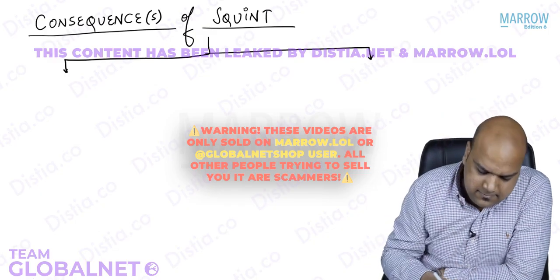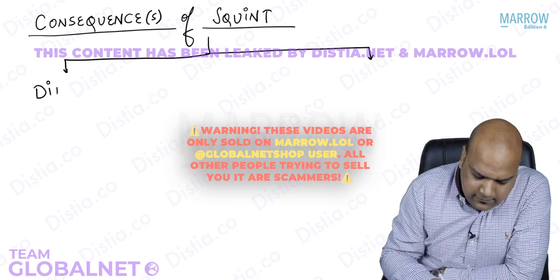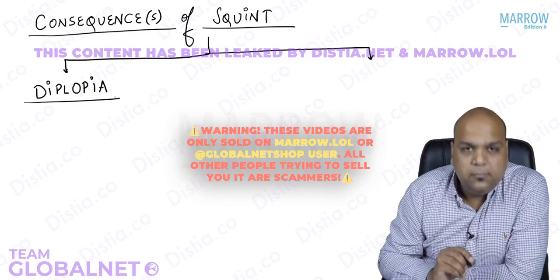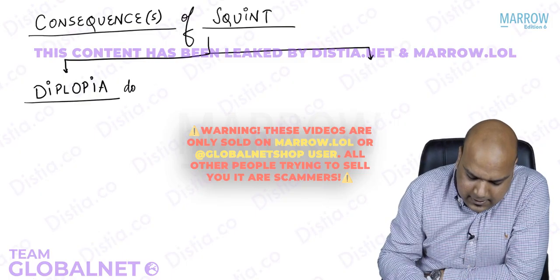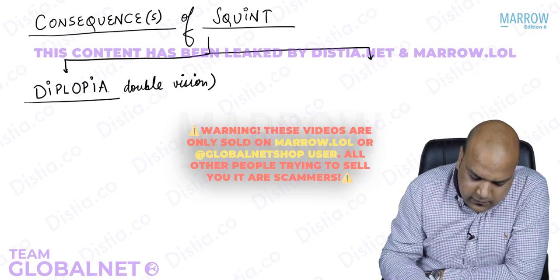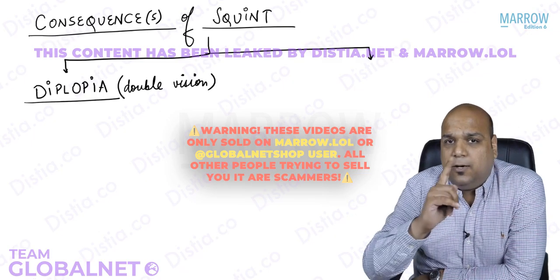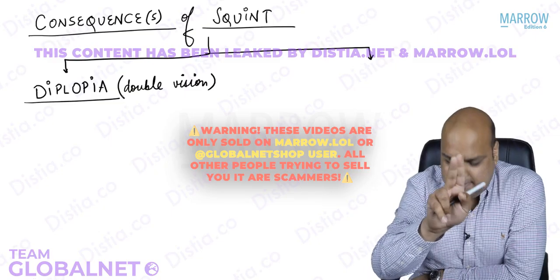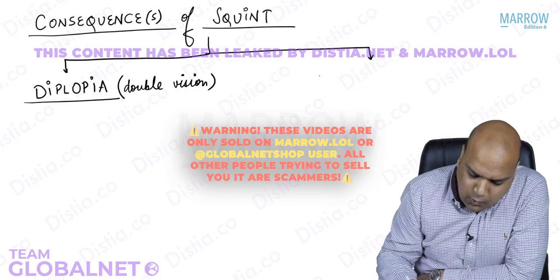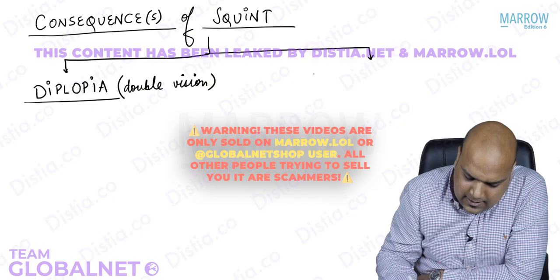The first is the word that you would have heard a lot of times, diplopia. Diplopia in simple English means double vision. So instead of one image, you see two images. The second consequence of squint, we can say, is confusion.